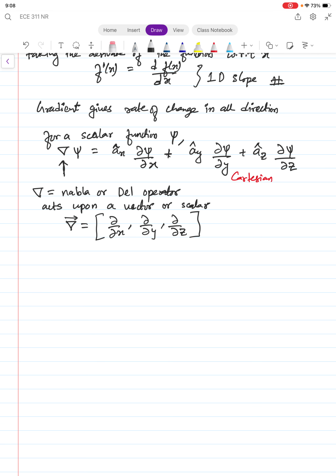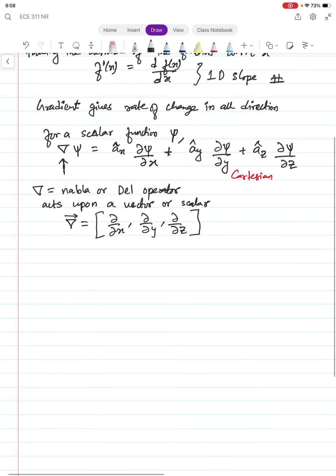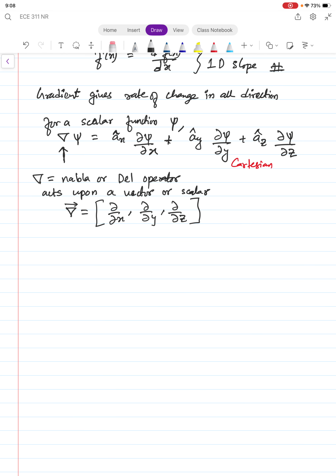Okay, you can check your equation sheet to find the gradient in cylindrical and spherical coordinate systems. I'll quickly write them down over here.